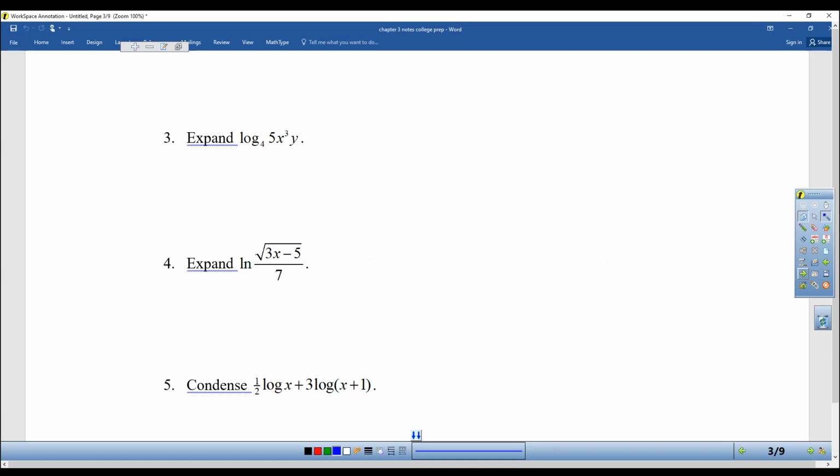Okay, so this skill is not going to seem very important right now, but it is absolutely essential in calculus. And that is taking a logarithm that's hard and making it into something easy. And that's called expanding. So by my rule, if these are being multiplied, I can switch them to addition.